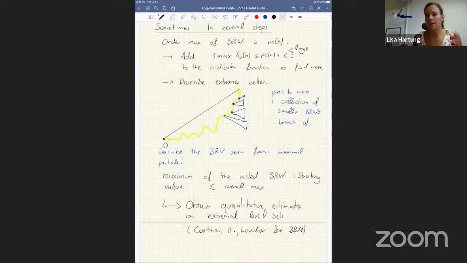So even if localization, this path stuff, at first seems maybe not very fine but a very brutal tool, it's very useful, and you can refine it. If you learn more about your process, you can always add this back into the picture and redo a very similar type of computation, but more precisely.